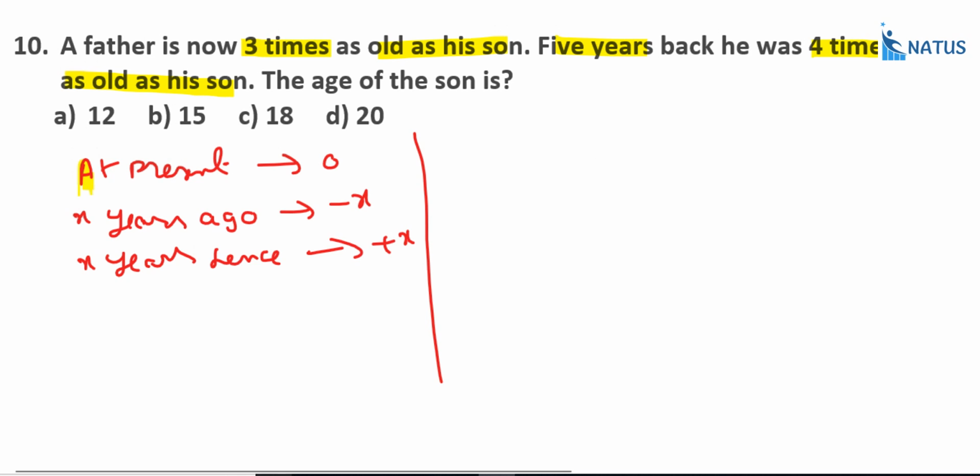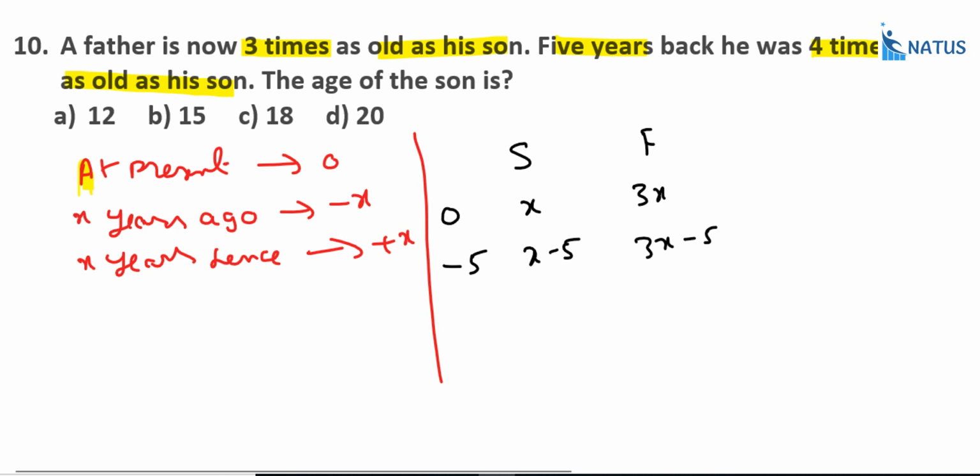Now, come to the question. Son and father. At present the son is equal to x. What is the father's age? That is equal to 3x. 5 years back, minus 5, what happened? X minus 5. This is 3x minus 5.